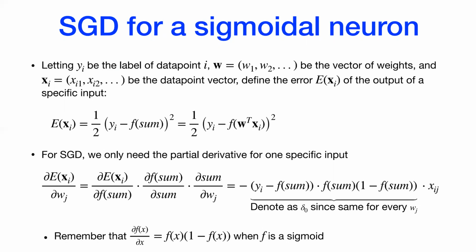So for every one of those edge weights, they share the same factor for this part. So you just need to compute this once, and then use that to compute for each of the Wj. So just compute once.